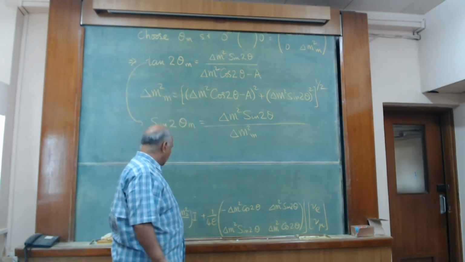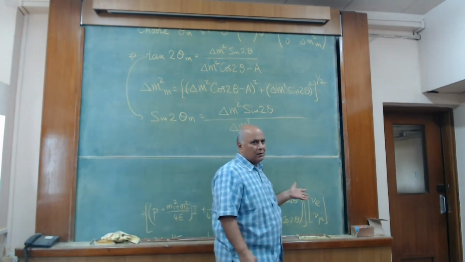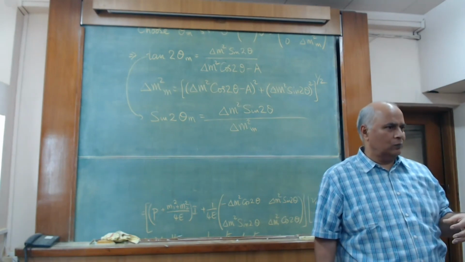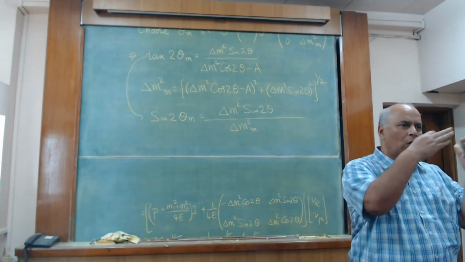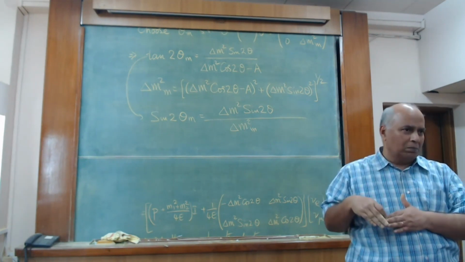And so the situation now is very similar to the vacuum mixing case. I have the flavor eigenstates nu e and nu mu. Now the propagation eigenstates are not nu1 and nu2. Instead, they are nu1m and nu2m.